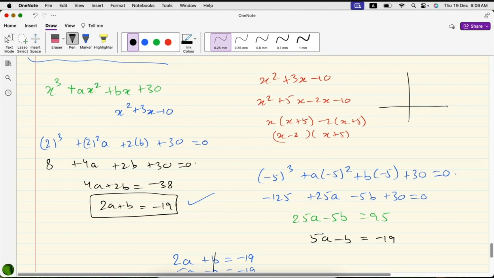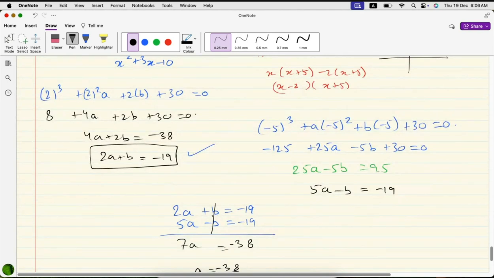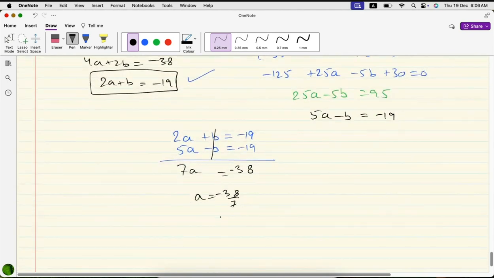Goes on the other side, plus 95, dividing by 5, we get 5a minus b equals minus 19. 2a plus b equals minus 19, 5a minus b, we just add them. Okay, let's just continue with this. And I'm having b equals minus 19 minus 2a.